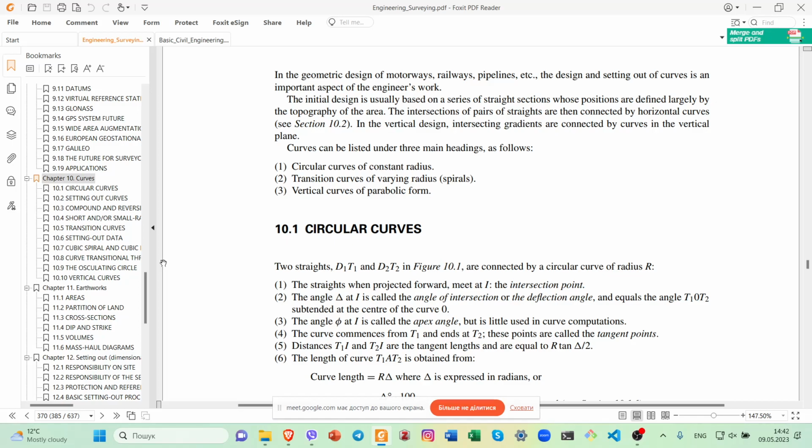The initial design is usually based on a series of straight sections, whose positions are defined largely by the topography of the area. The intersections of the pairs of straights are then connected by horizontal curves.